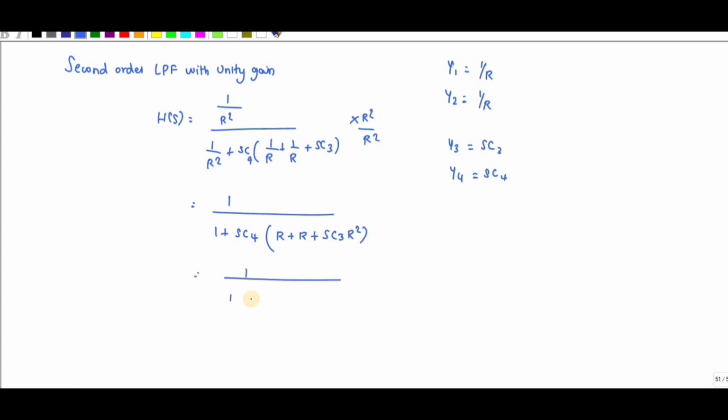So this I can write as 1 plus SC4R, that is 2 plus SC3R. Now let me take tau 1 equal to RC3 and tau 2 equal to RC4.